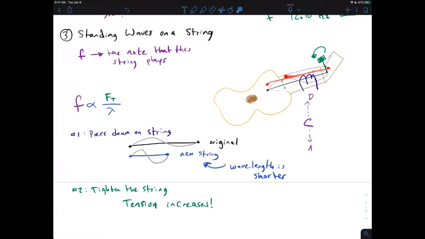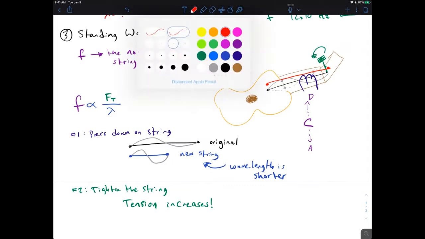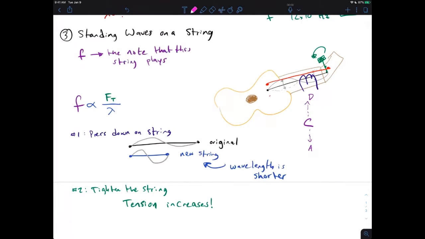This string will almost always play a much higher note than this string, and it's not related to how tight they are. What can you think of? If I have three strings here, this one like this, and I'll go ahead and get rid of this guy.